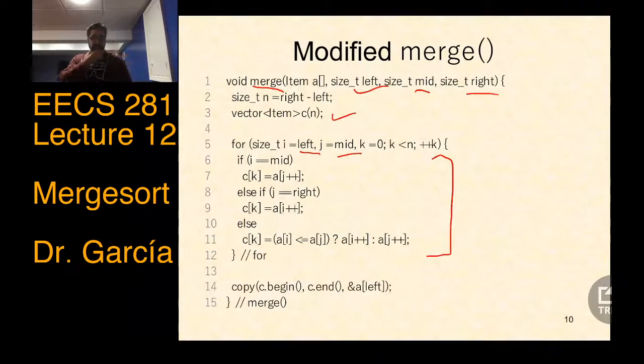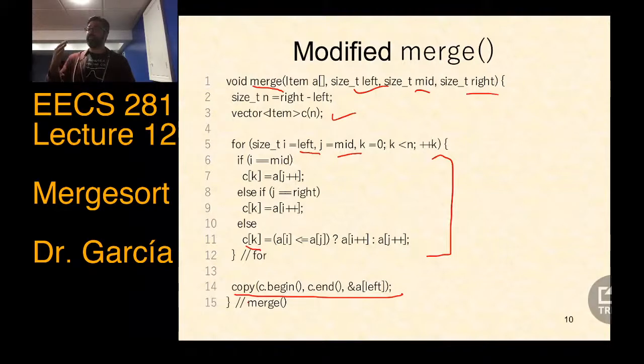And then after we're done doing all that work, which is setting the proper values inside C, we would use STL copy to transfer all the work that we did back into A, right? Because up to line 12, we were storing our result in array C, but array C only exists within the scope of the merge function.